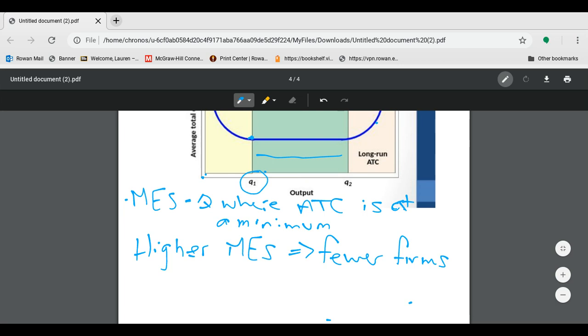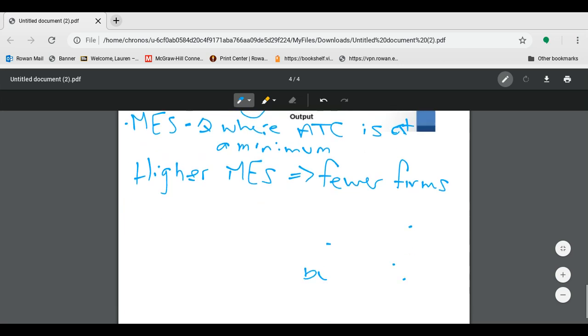To get into this market is very difficult. In order to start producing, you would have to pay a lot of money before you even sell the good. And if that's the case, there's not going to be a lot of people that want to go through this. And if the MES is high enough, we could have what's called a natural monopoly.